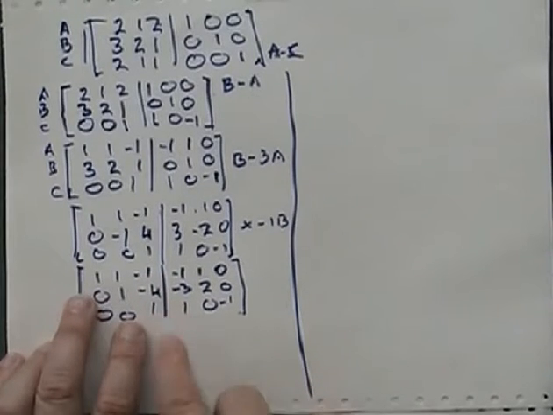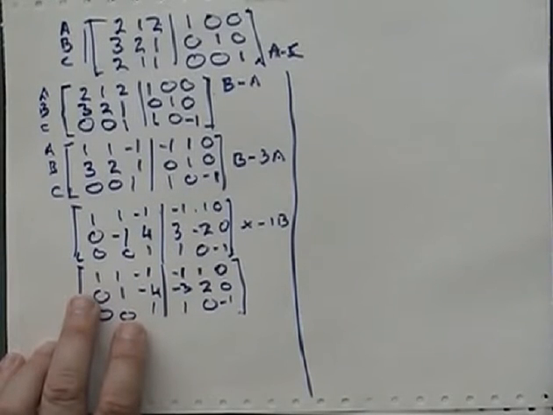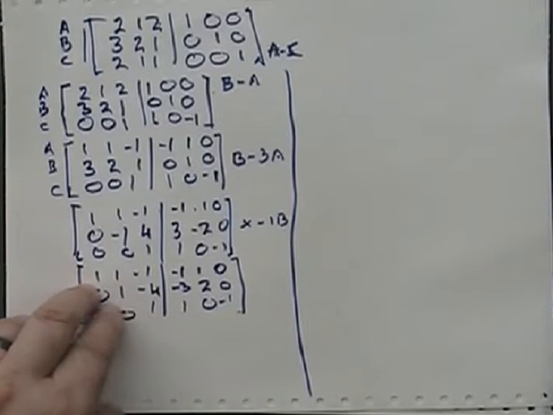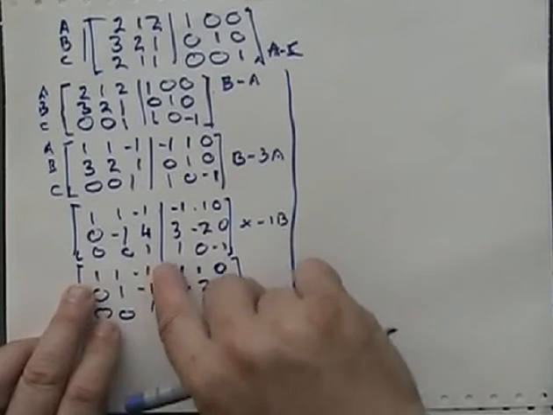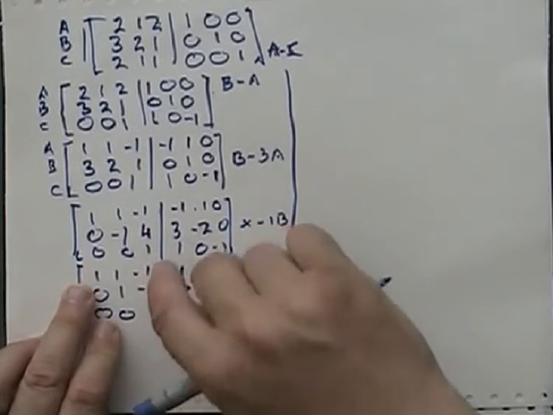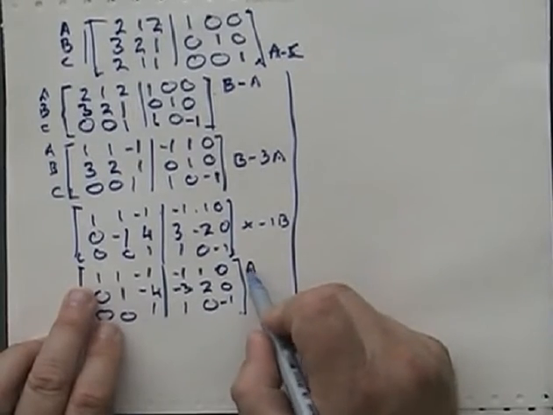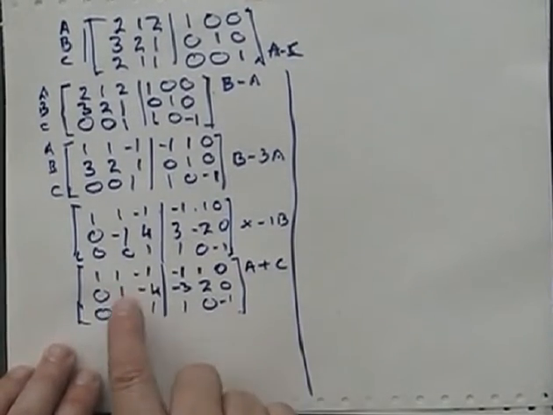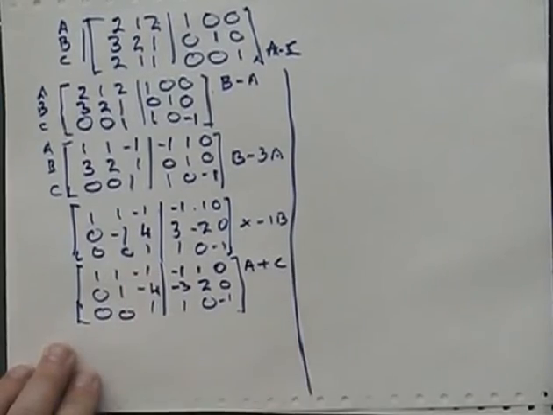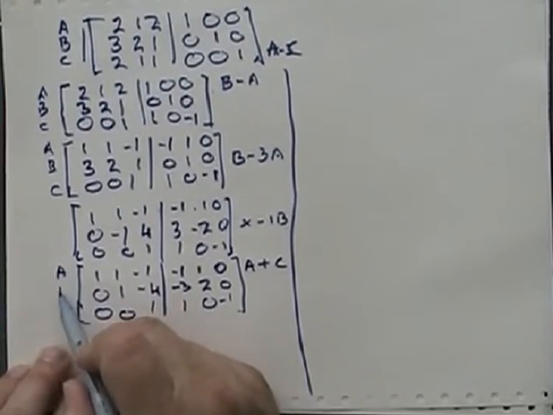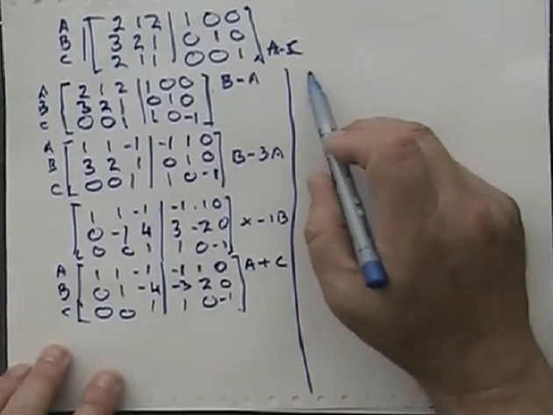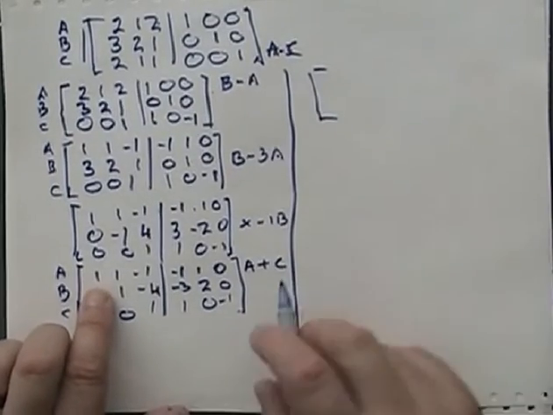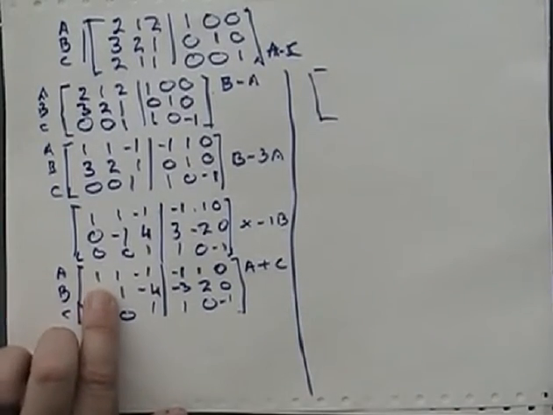So I've got two choices here. I'm going to get rid of this negative one here for a start. The easiest way to do that is go A plus C, because if I go negative 1 plus 1, that becomes a 0. So remember, this is A, B, C. While I'm here, I'm going to do 2 rows at the same time.